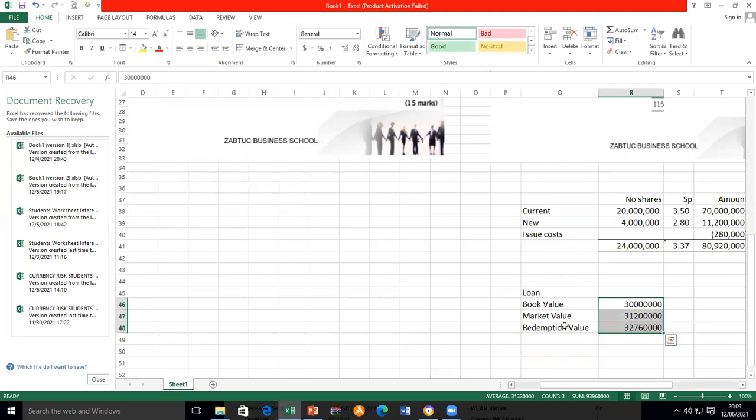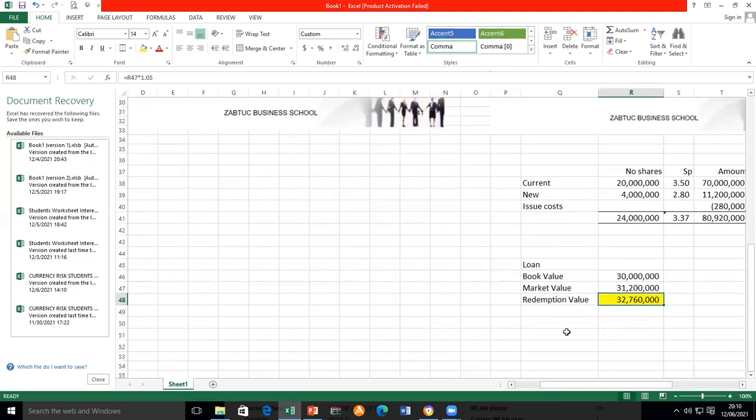So this is the trick that we had in this particular question. So if you are going to pay off, this is the amount that you must pay. Book value converted to market value converted to redemption amount.